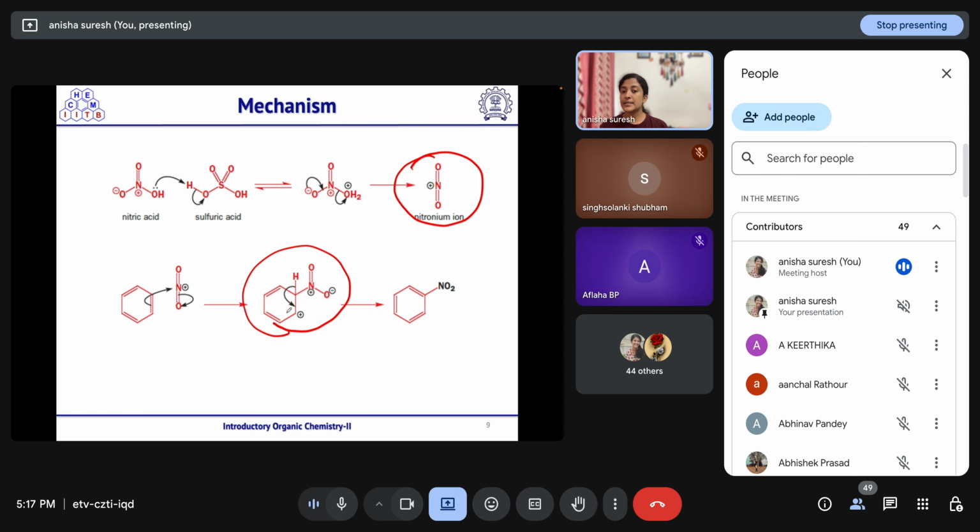And what will happen? This intermediate is very unstable as the aromaticity of the benzene ring is lost. So this proton can be abstracted by any conjugate base that is present here. So this proton will be abstracted and it will neutralize the positive charge on the ring, resulting in the formation of nitrobenzene. So this is basically the mechanism for the nitration reaction.